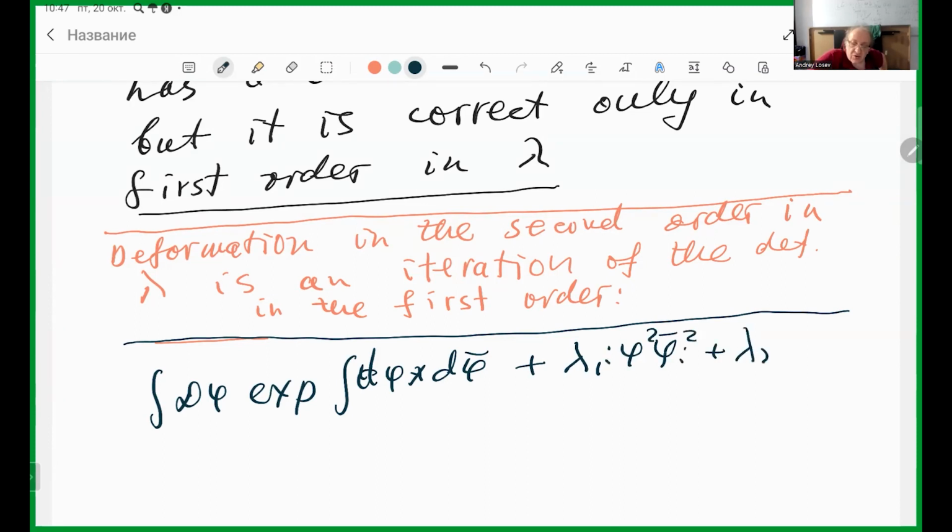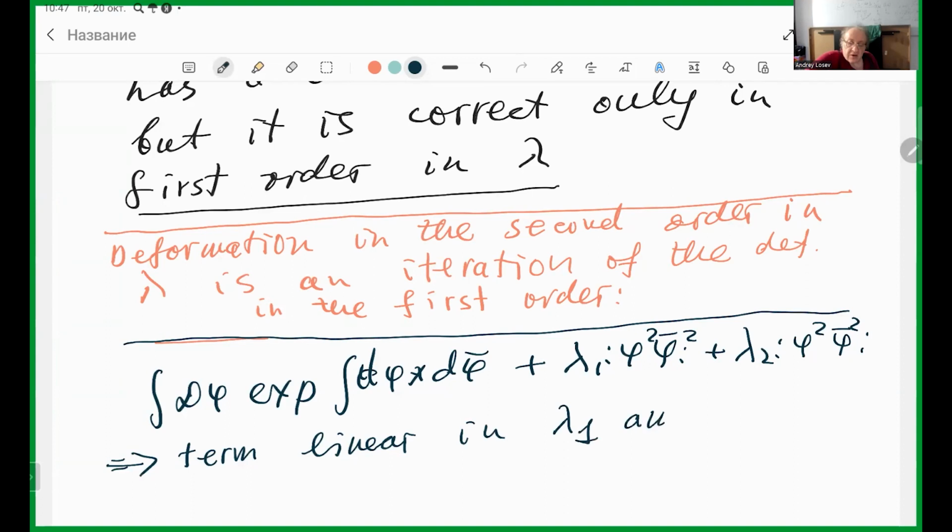And here I put lambda 2, phi square, phi bar square. Okay? And I want to get the term linear in lambda 1 and lambda 2. So once again, this is wrong. No functional integral exists. What is true?